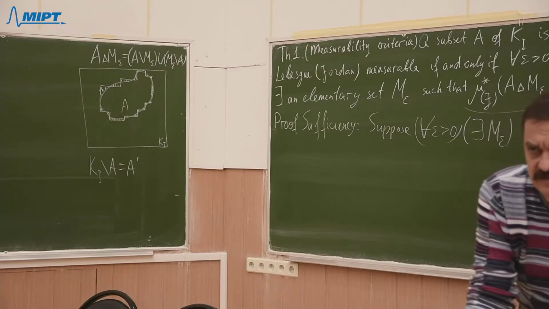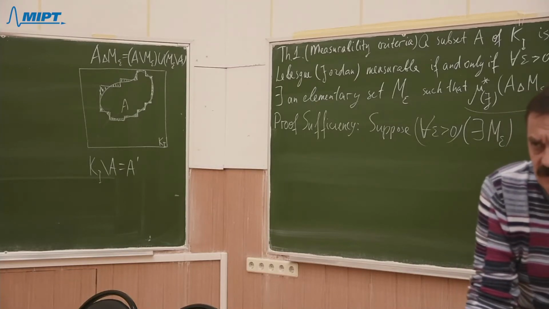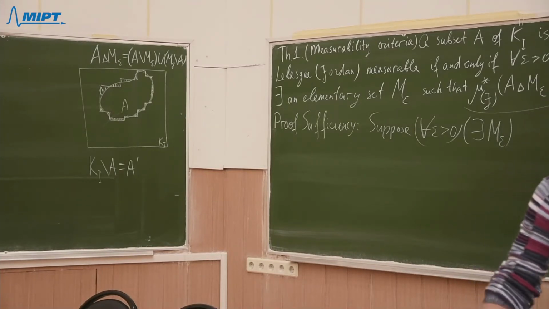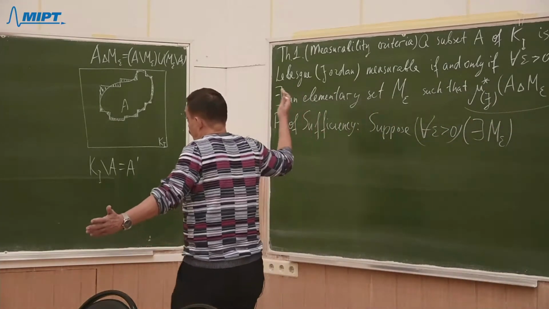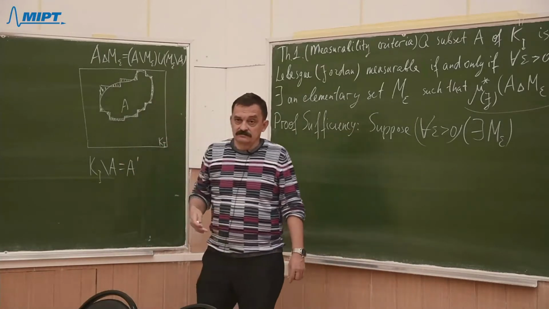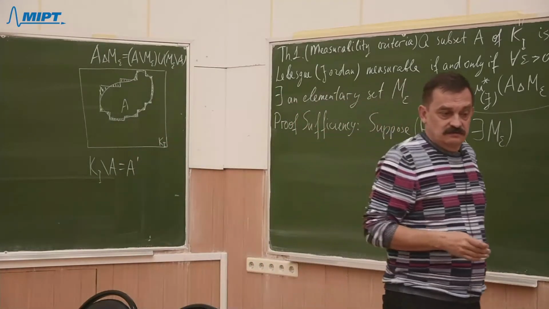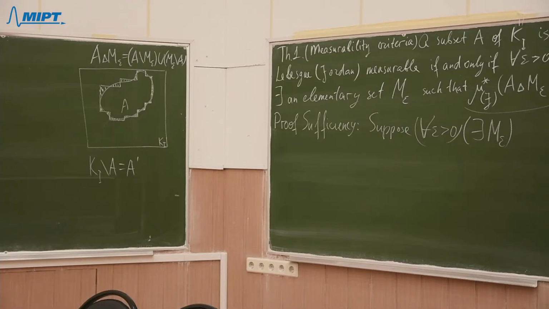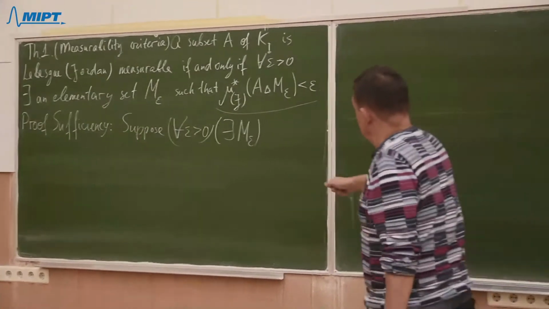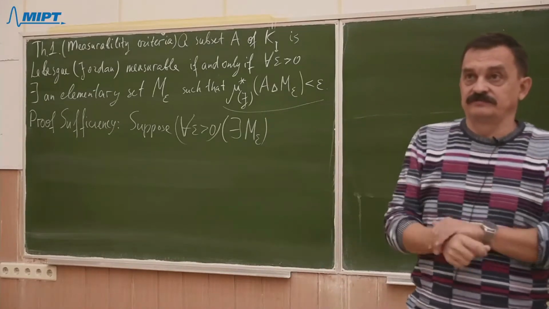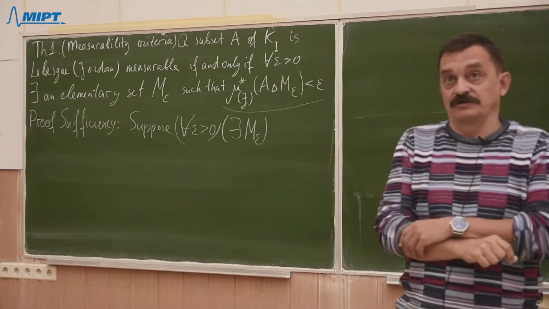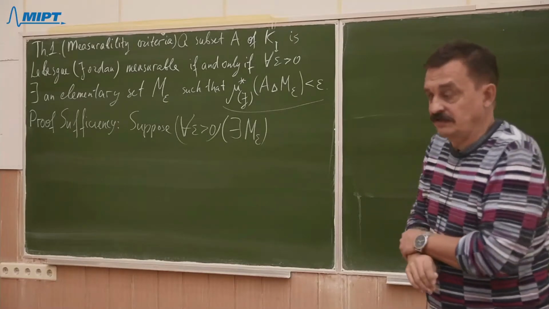What determines the smooth curve to be inside or outside the polygonal shape? Nothing. We choose a polygonal set M epsilon, it doesn't matter how. The only thing we are interested in is that the symmetric difference should be small in the sense of the outer measure. Nothing else, that's all.